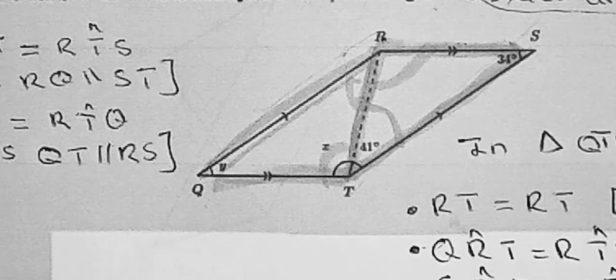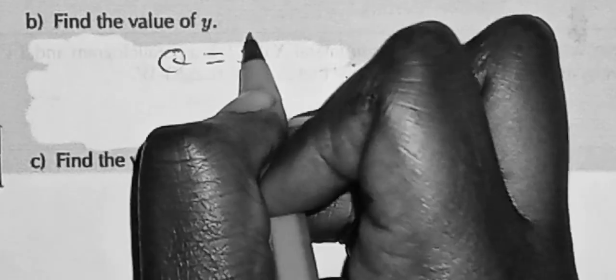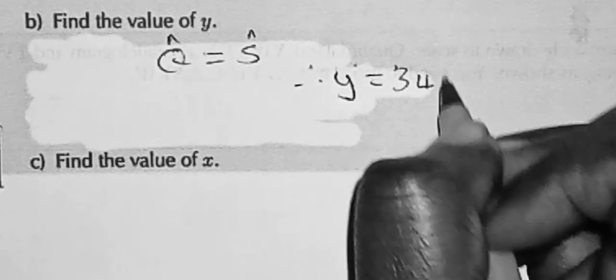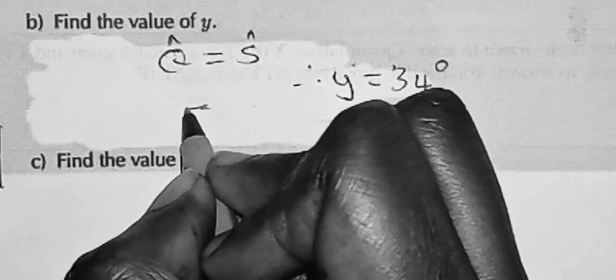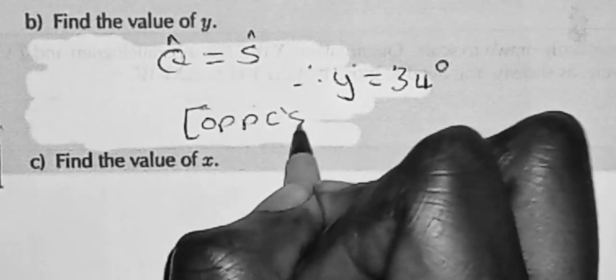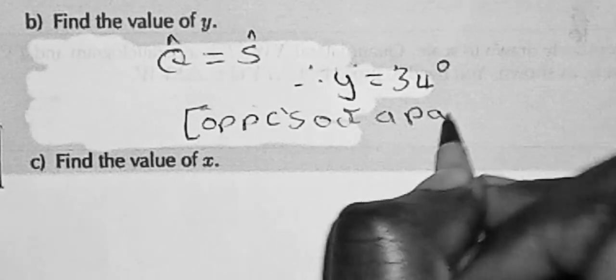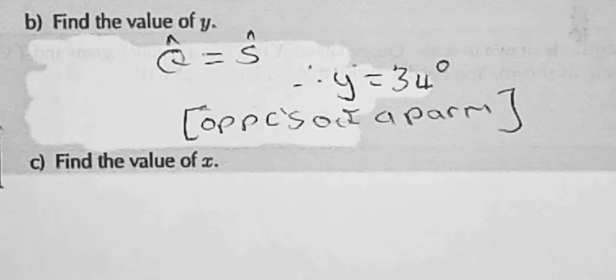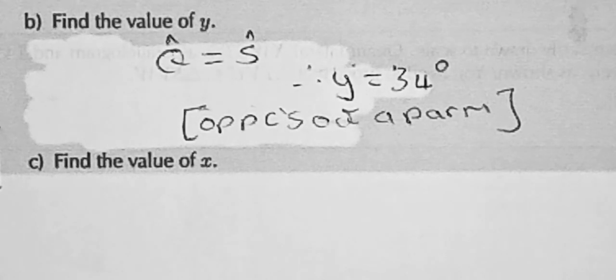Opposite angles are equal because it is a parallelogram, which means that Q is equal to S. After that, I'm going to say angle Q is equal to angle S, which in this case y is equal to 34 degrees. The reason will be opposite angles of a parallelogram. Then you're done.